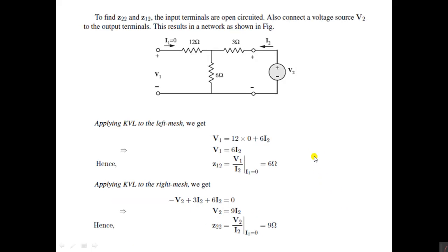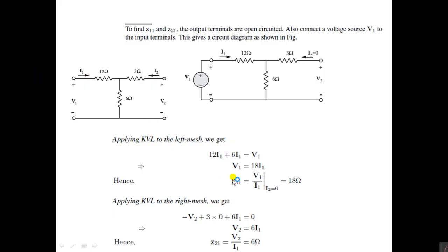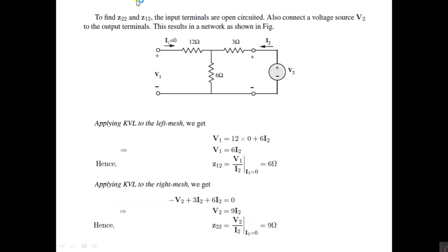Second case. Now we are going to find Z22 and Z12. To find Z22 and Z12, we need to make I1 equal to 0. In the previous case, to find Z11 and Z21, I2 was equal to 0. For this case, to find Z22 and Z12, make I1 equal to 0. Right.